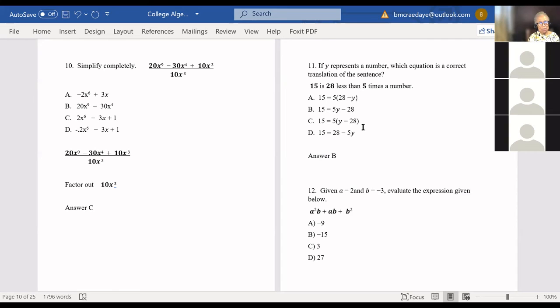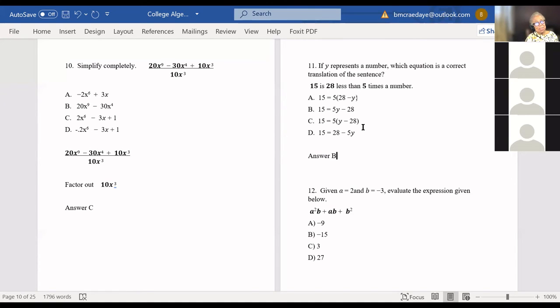What would you say, Audrey? 15 less than 5 times a number, which means you're subtracting what? Oh, I'm sorry. I think it's D. No, I'm changing it to the D. Now 28 is subtracting.